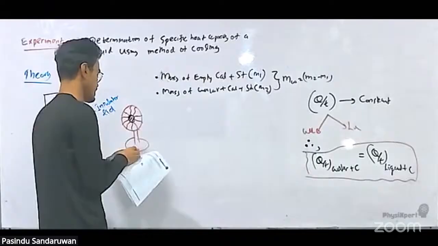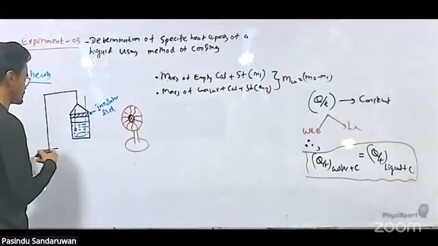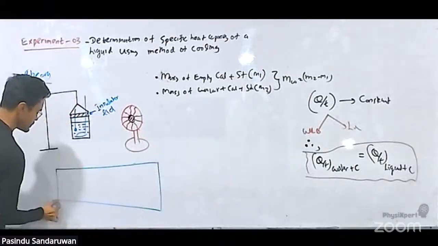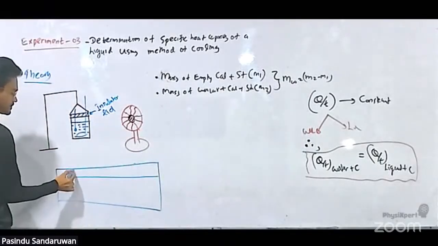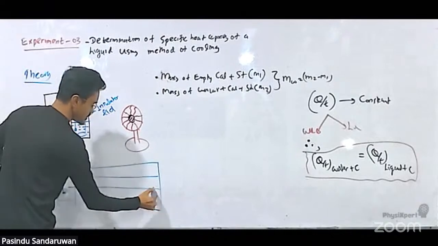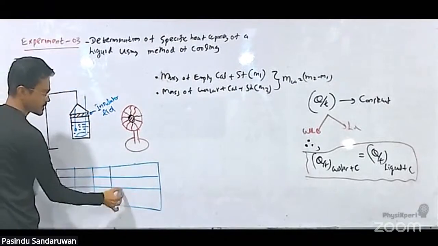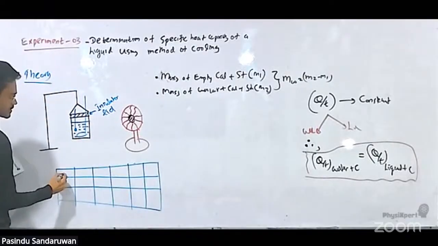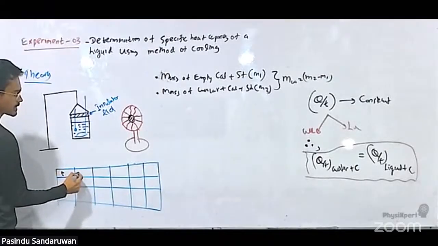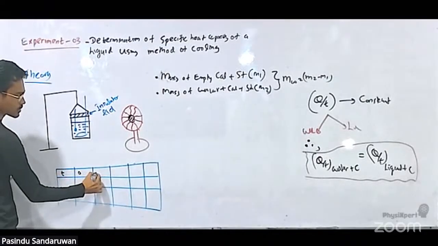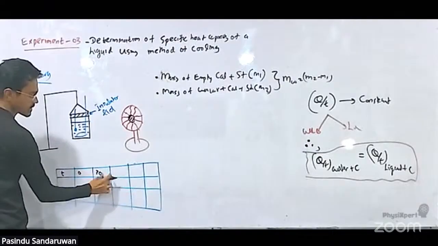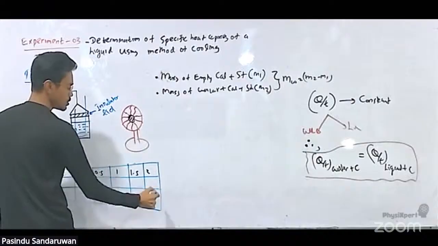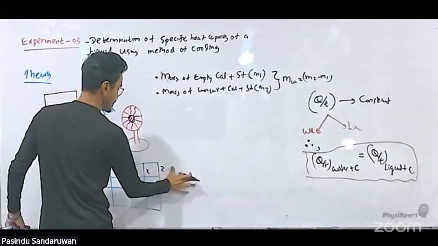Then in a table, we are going to record the temperatures of the thermometer. This is time, from 0, 30 seconds. In minutes: 0.5, 1, 1.5, 2, 2.5, 3.